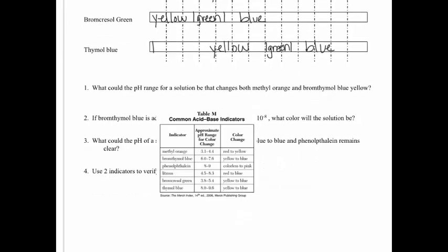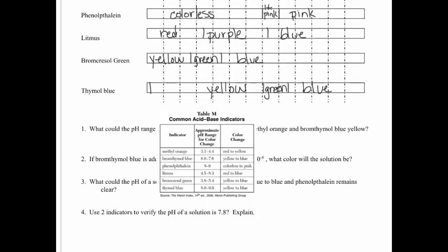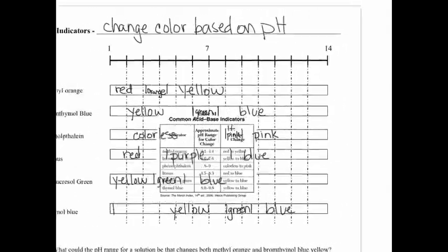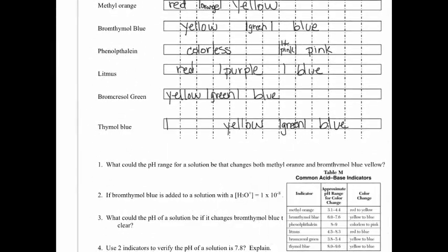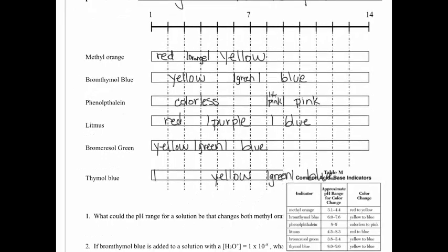All right, number 1, what could the pH range for a solution be that changes methyl orange and bromothymol blue yellow? So we could look up here. Oh, I'd like to move that a little bit. And you can see that methyl orange turns yellow starting right here, but bromothymol blue is only yellow to about here.